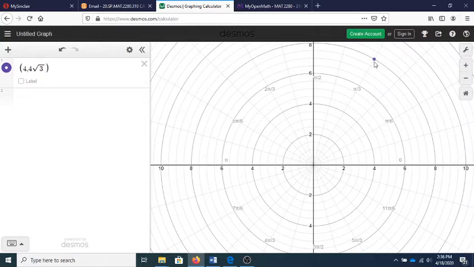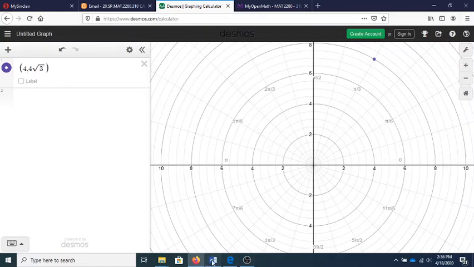So there's our point, 8 comma pi over 3. We graphed it in rectangular coordinates and it's in the correct place, but now I can see the polar coordinates by switching my grid over.